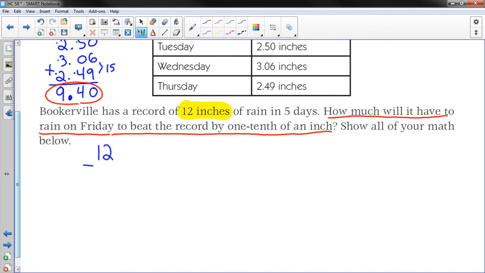Well, the number 12 they gave us doesn't have a decimal, but I know I can put some zeros behind the decimal there, so it makes things easier to line these up, because place value is important, and lining up our numbers in the correct place values is very important. And now I can do some subtraction here. Looks like I have to borrow.